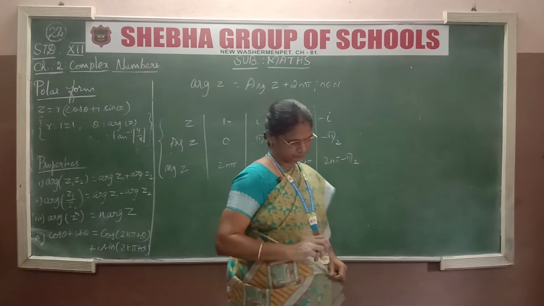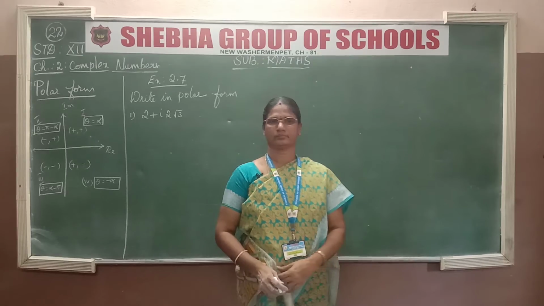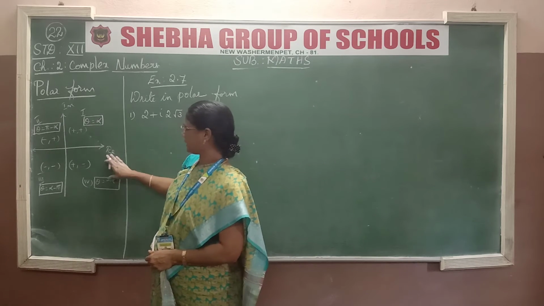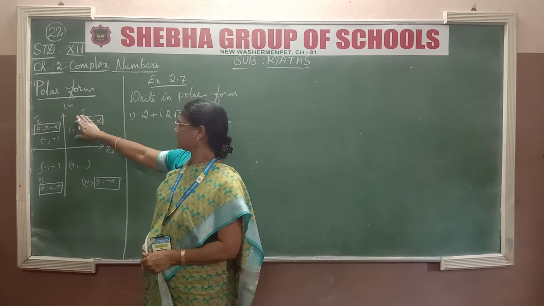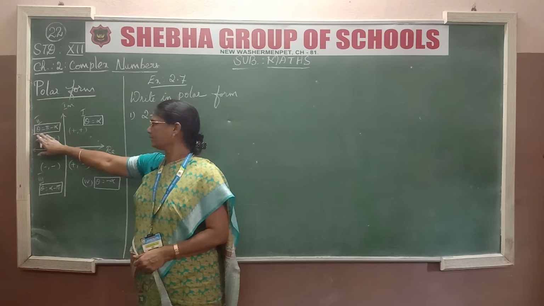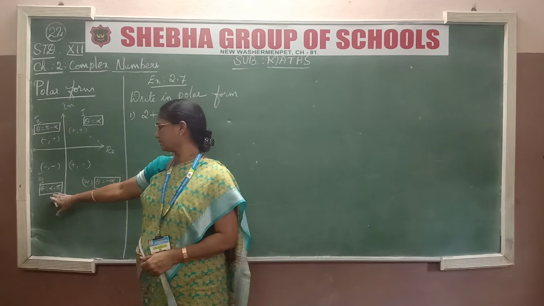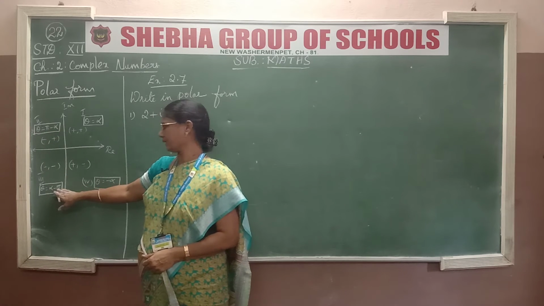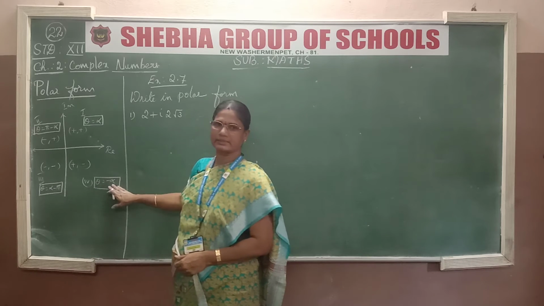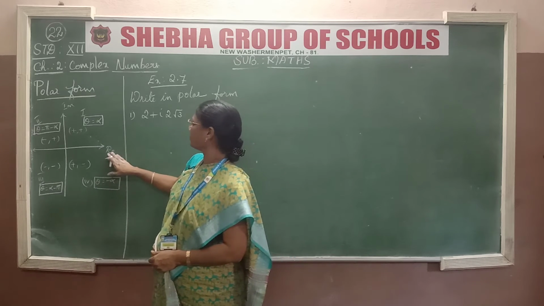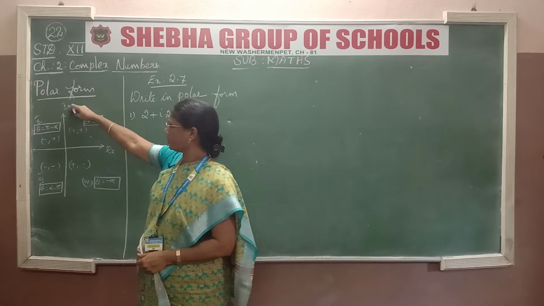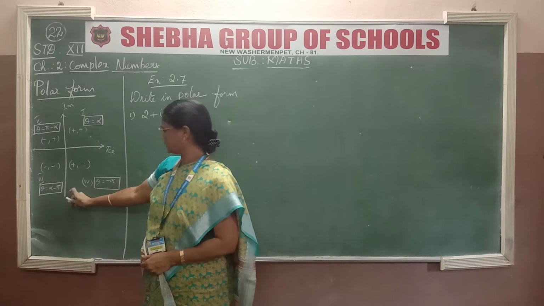And the next term. In the complex plane, this is the real part and imaginary part. In the first quadrant theta is alpha, and in the second quadrant theta is pi minus alpha. In the third one theta is alpha minus pi, and in the fourth quadrant theta is minus alpha. Okay, this is the positive real, and this is the negative real line, and this is the positive imaginary, and this is negative imaginary.